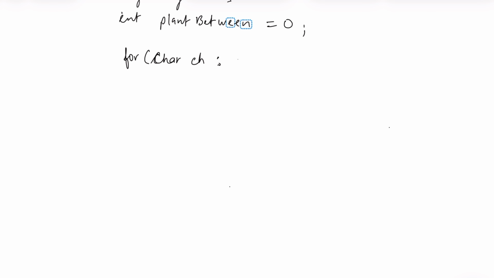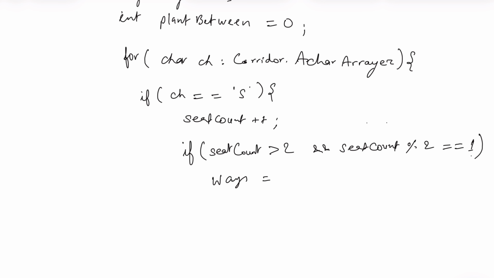So I'm saying, if the seat count is greater than 2, and we take seat count mod 2, and it gives remainder 1, then we have to take the modulus. First, this is our ways, and we'll multiply with the plants between plus 1.